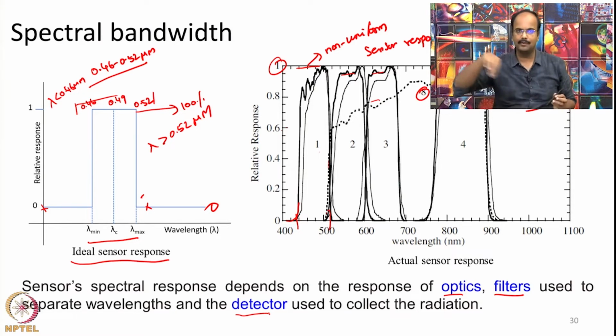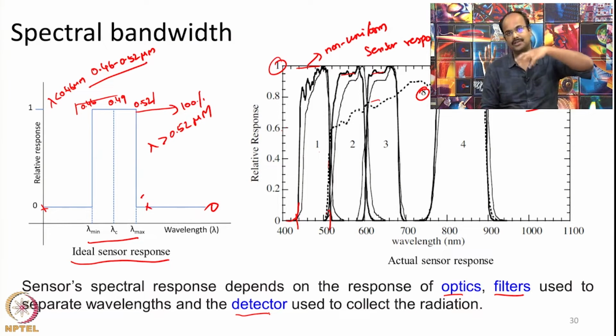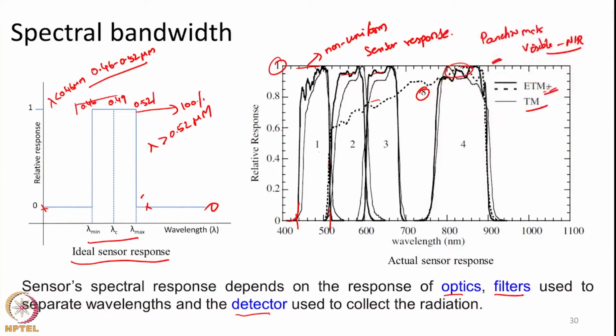Those filters remove unwanted wavelengths. Say a detector has to sense only energy coming in green wavelengths, 0.5 to 0.6 micrometers: filters before it will remove all other wavelengths and only green will be allowed, and also the detector element itself will be sensitive to this particular wavelength.